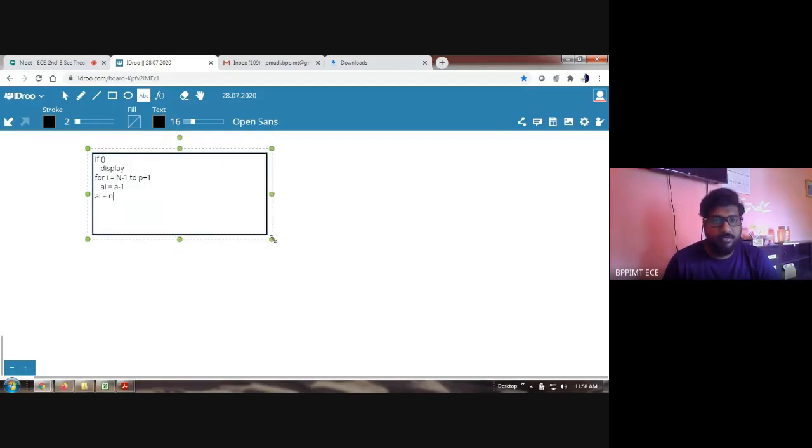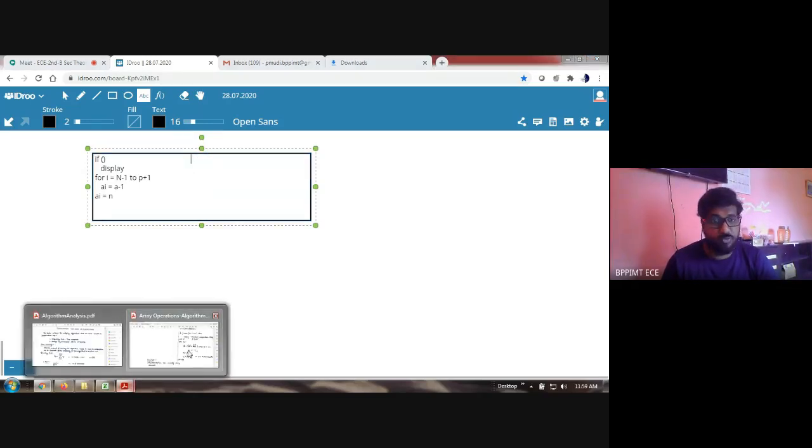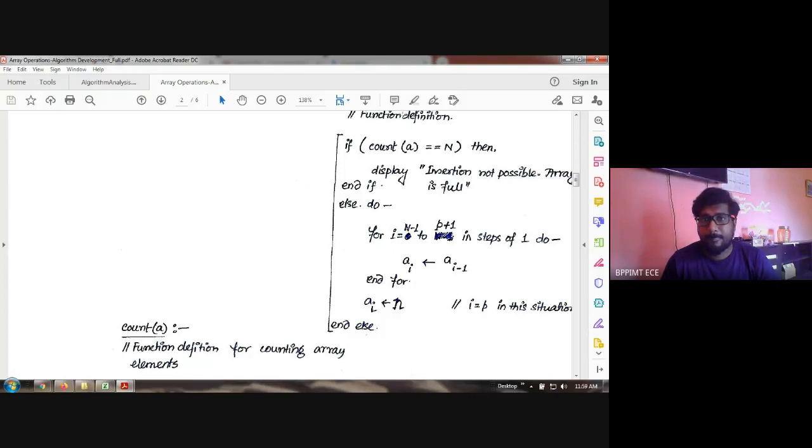Then we compute the number of times each of these 5 statements is executed. How many times will this if statement be executed? That is the question. This if statement will be executed only once.